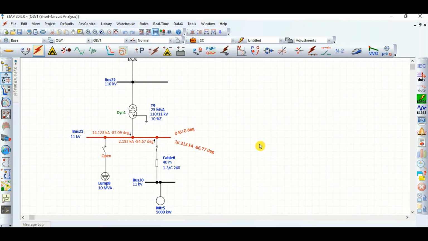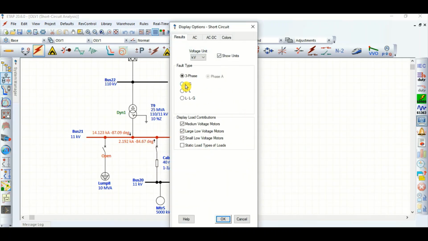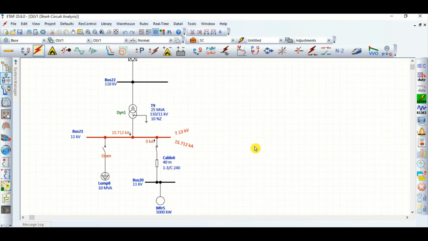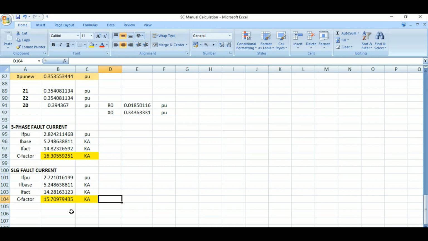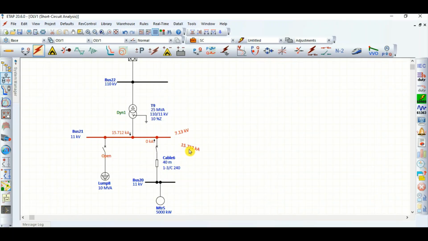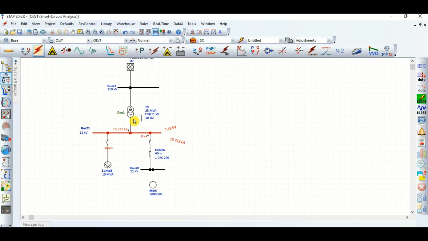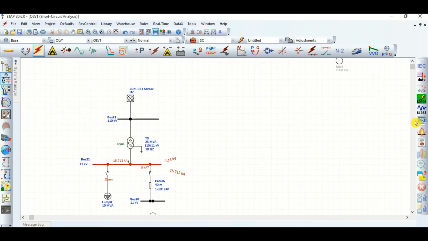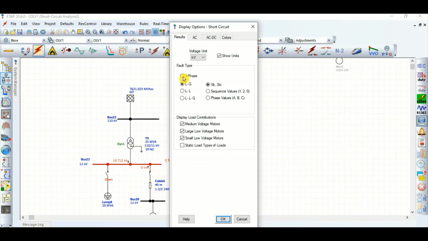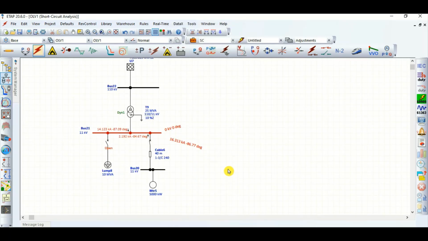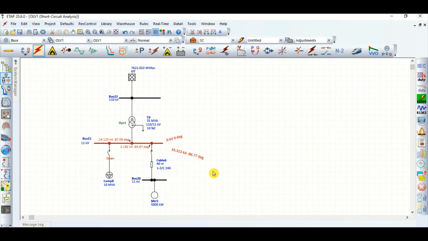So this is 16.3, I think this is the 3-phase current. If we plot the single line to ground fault current, it is coming 15.712 kiloamps, and we calculated 15.709, so almost matching. This is the single line to ground fault current contribution, and this is the 3-phase fault contribution, right?